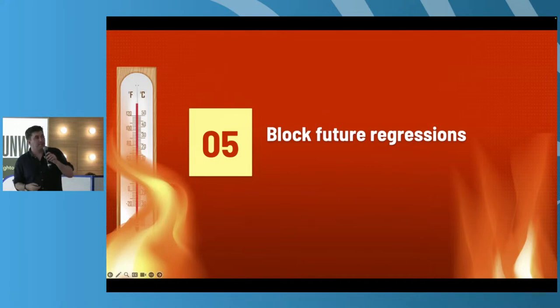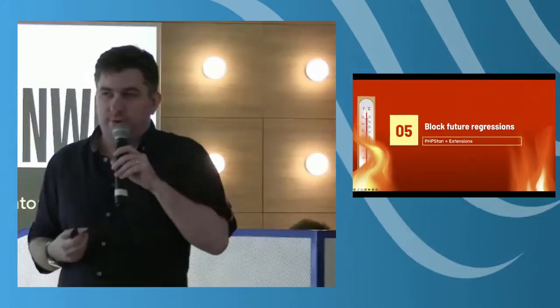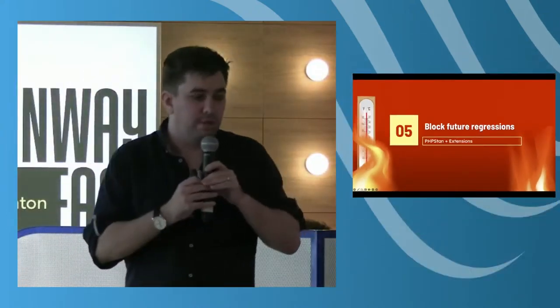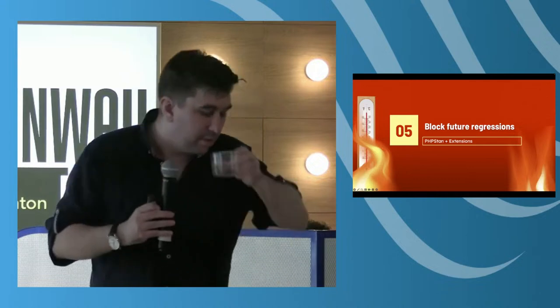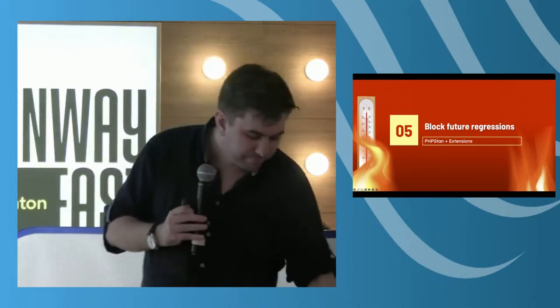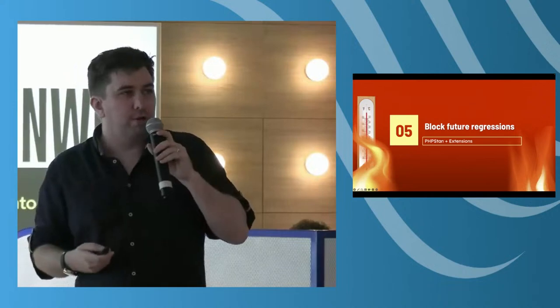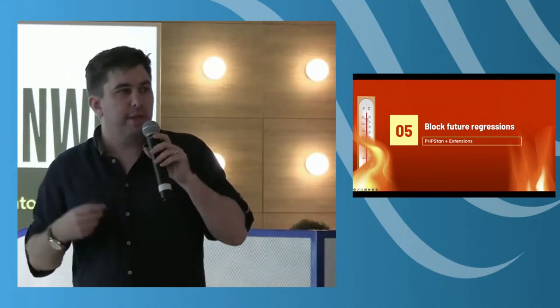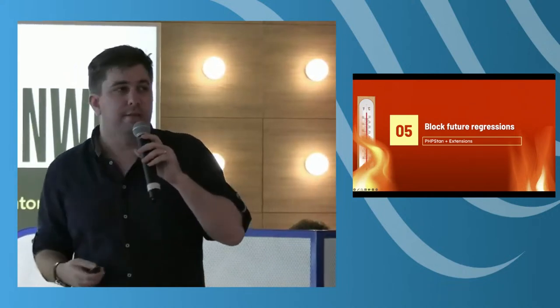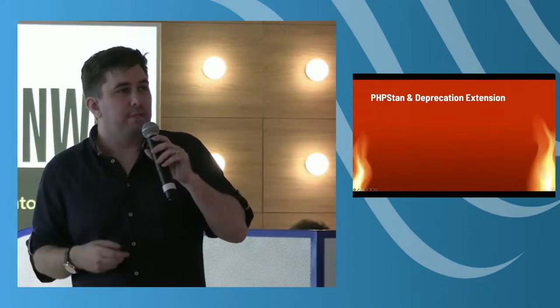This is the fun part for me, which is how do we actually block future regressions? So you might have heard of PHPStan before, and you'd be using it in your projects. What you can actually do is a few extra little tricks with PHPStan using extensions.